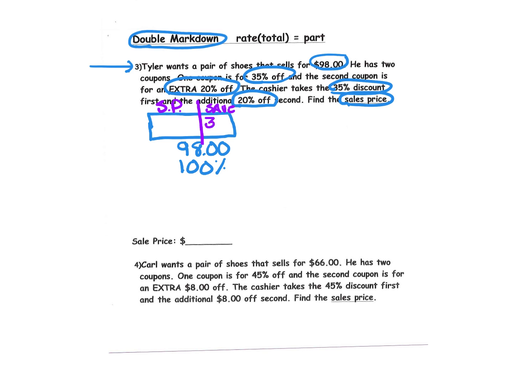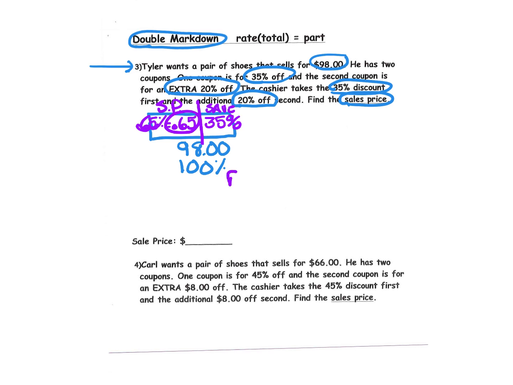We save with the first coupon 35%. That means we're spending 65%. Move the decimal twice, and in order to find the first sale price, we're going to use a rate of 0.65 in the formula.